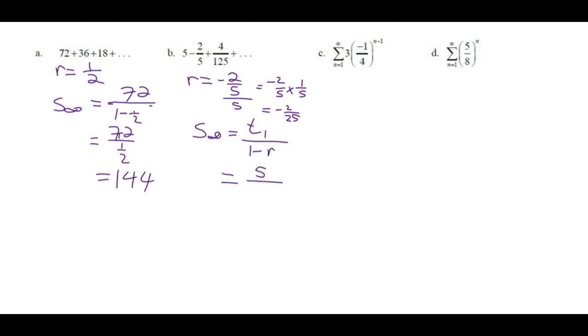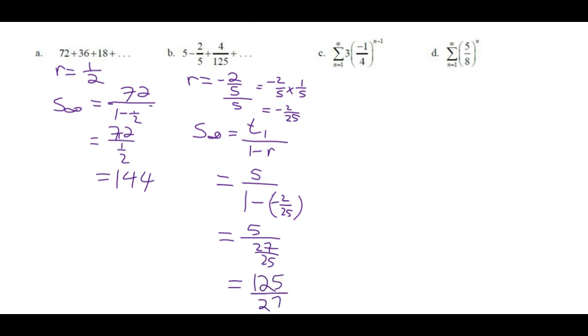So that's 5 over 1 minus -2/25, which is 5 over 27/25, which gets flipped, 125 over 27.